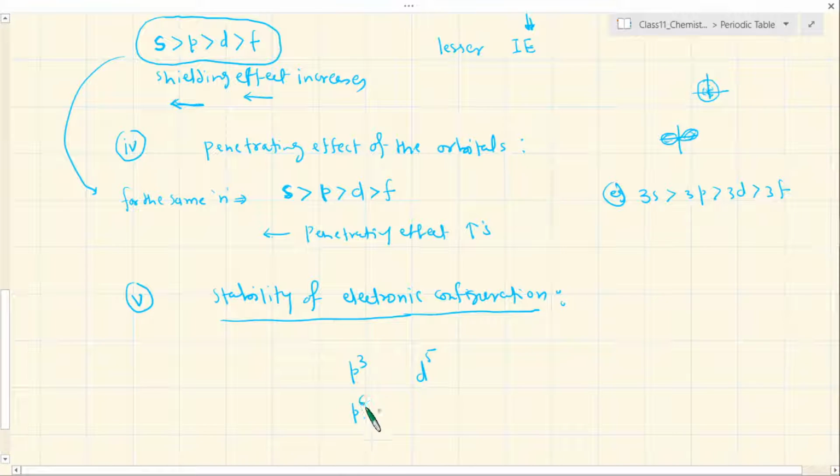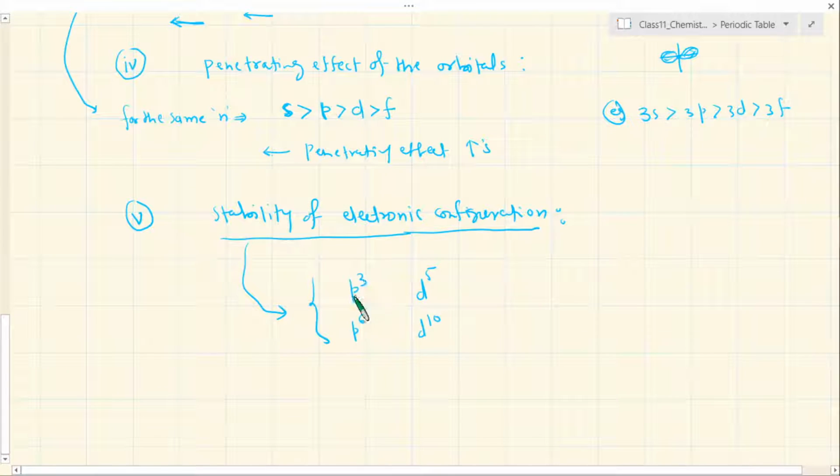Or p6 or d10, these are fully filled orbitals. These electronic configurations are generally most stable among all the other p and d electronic configurations, right? If you fill the electrons in the same orbital by adding one, one, one like that, these are most stable electronic configurations.